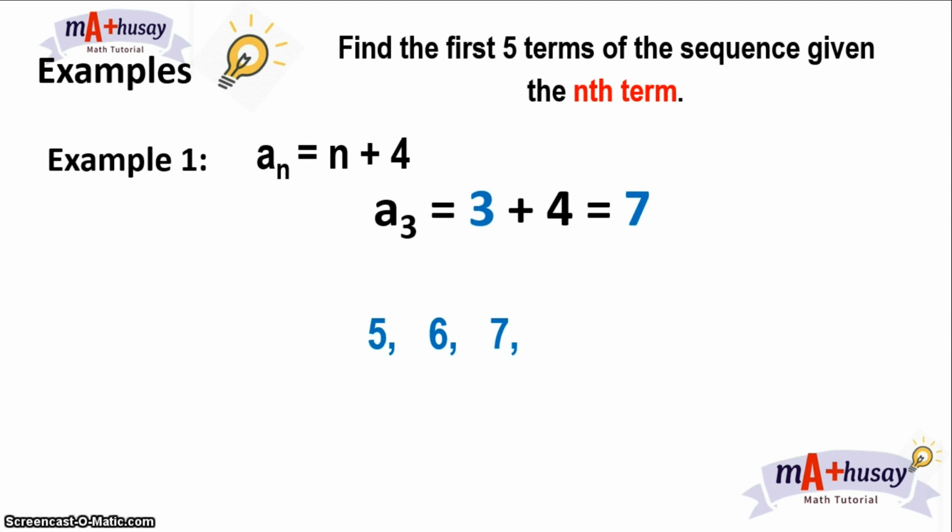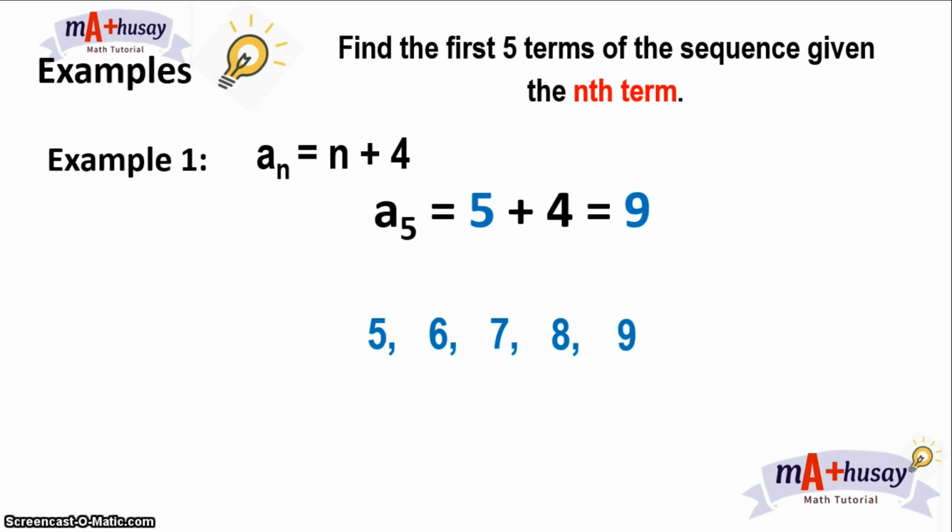Now, when you get the a sub 4, so 4 plus 4, you get 8. And lastly, the fifth term, so when n is 5, you get 5 plus 4, you get 9.